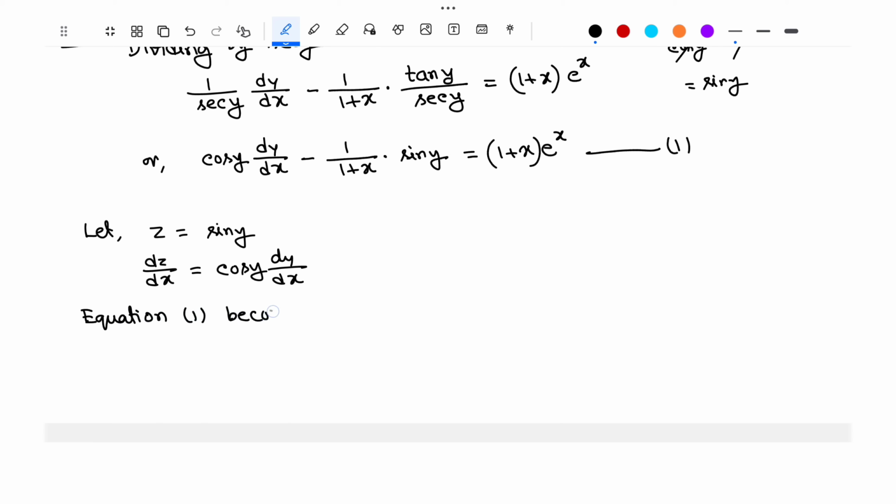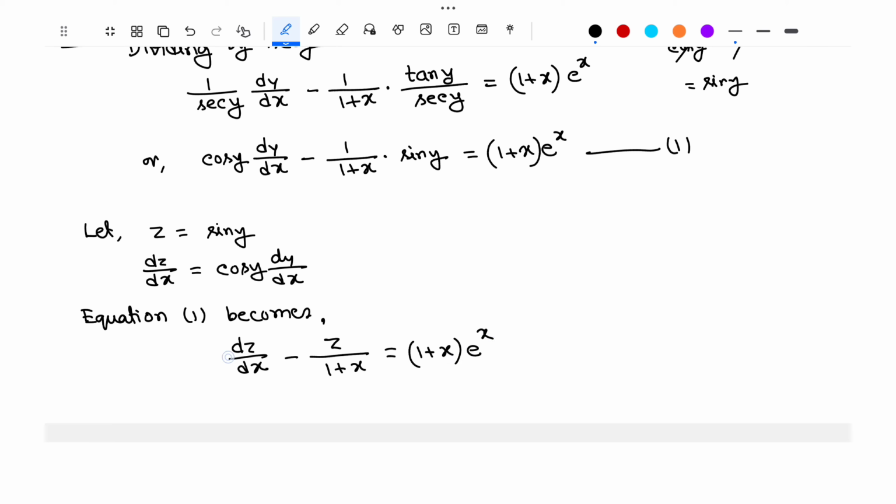So equation 1 becomes, now substitute the values. Cos y dy dx, that means this is dz dx. So dz dx is equal to minus 1 by 1 plus x times sin y, and sin y equals z. So this is z by 1 plus x, and this is equal to 1 plus x into e to the power x.